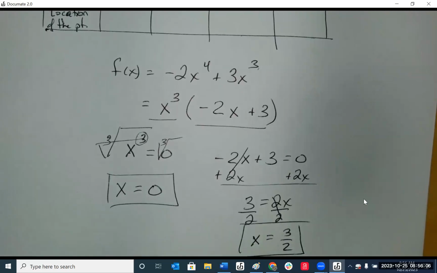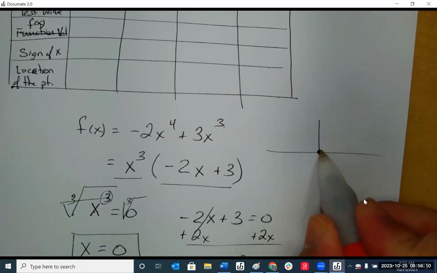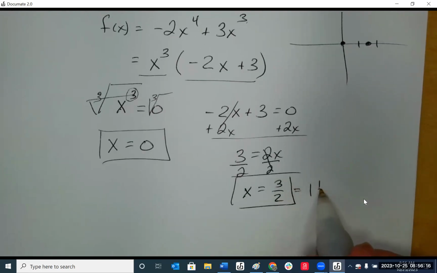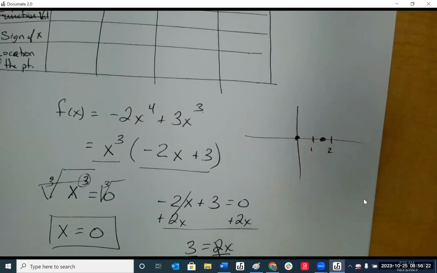All right. What we're looking for here is this. We know we have an x-intercept there, and we know we have an x-intercept because 3 over 2 is 1 and 1/2. So we have x-intercepts, both of them.